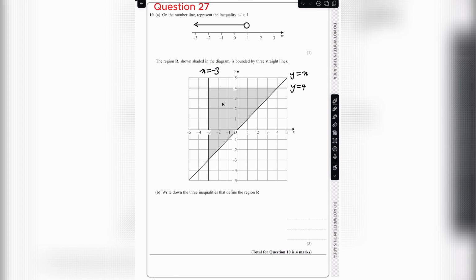So given as the shaded region is below the line y equals 4, we can state that the equation of that inequality is y is less than or equal to 4. And one thing to note is that all of the inequalities will be inclusive because we have solid lines.